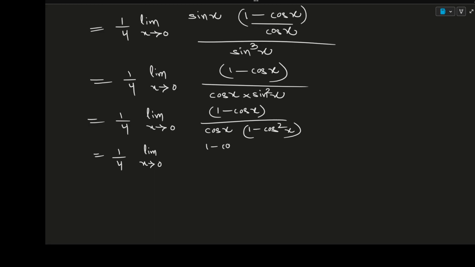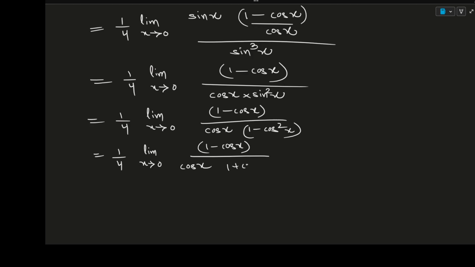So I will apply a square minus b square. Here it is 1 square minus cos square x, so I can apply the formula a square minus b square, that is a plus b into a minus b.